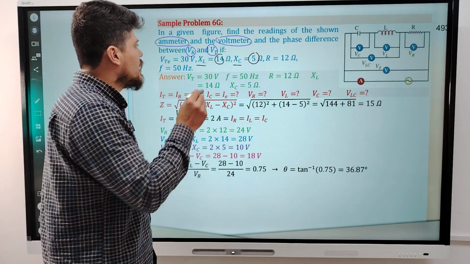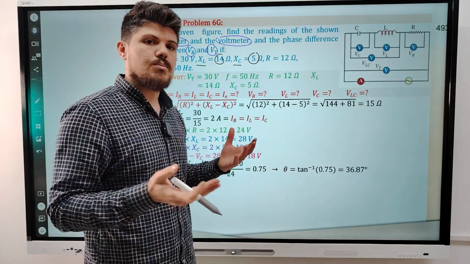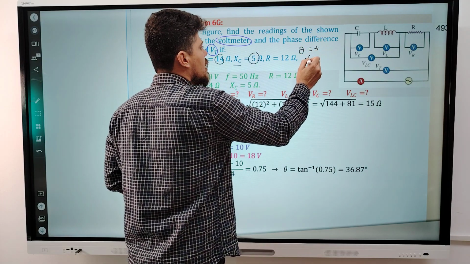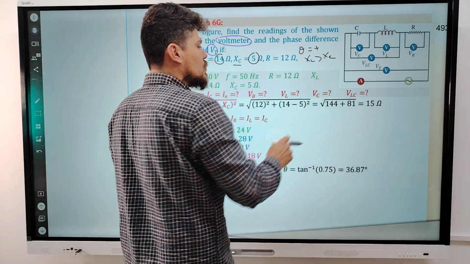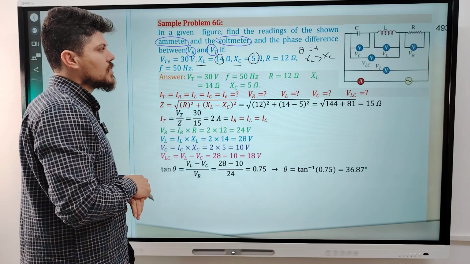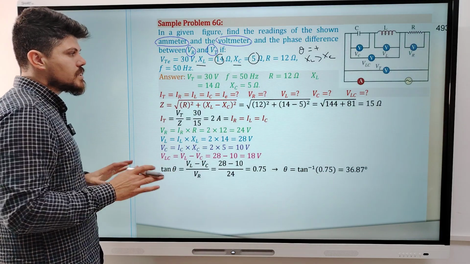So is this angle positive or negative? It should be positive, because theta has a positive sign when XL is bigger than XC. So without solving, you can find the sign of the angle between V total and the voltage across the resistance.